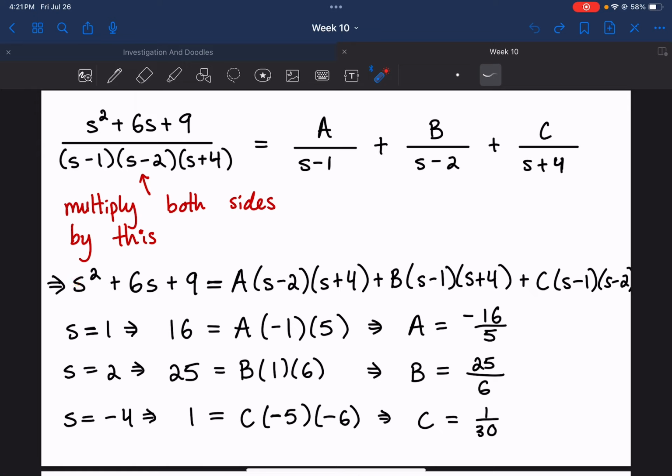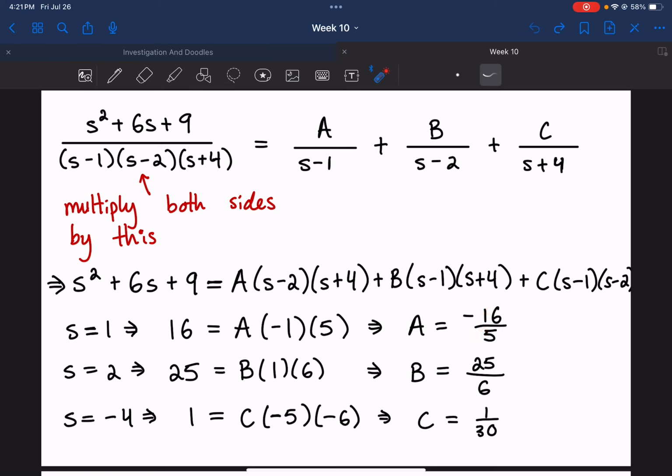And that equals a. This becomes 1 minus 2, which is negative 1. And this becomes 1 plus 4, which is 5. Right? And then solving this, you get a equals negative 16 over 5.